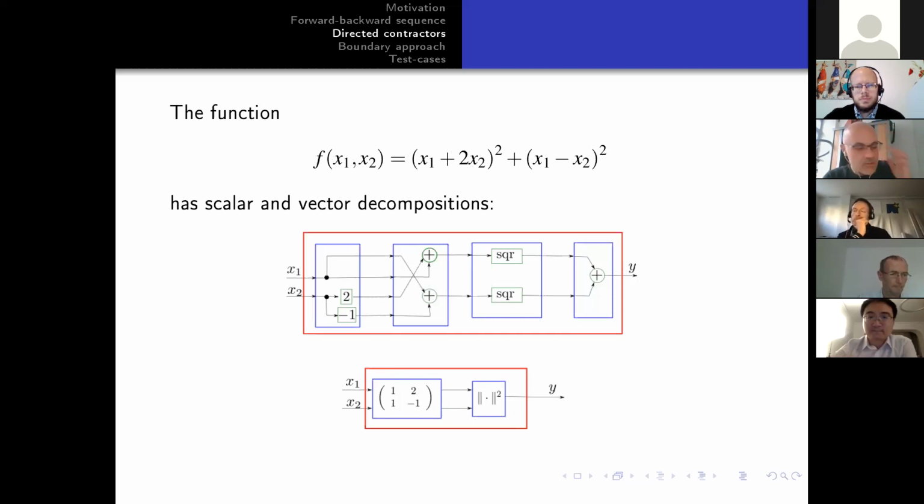Now, concerning the stability, so your second question, it is stability. In fact, when we deal with this kind of estimation problem, it's like dealing with the stability of a Kalman filter. It's not a dynamical system.